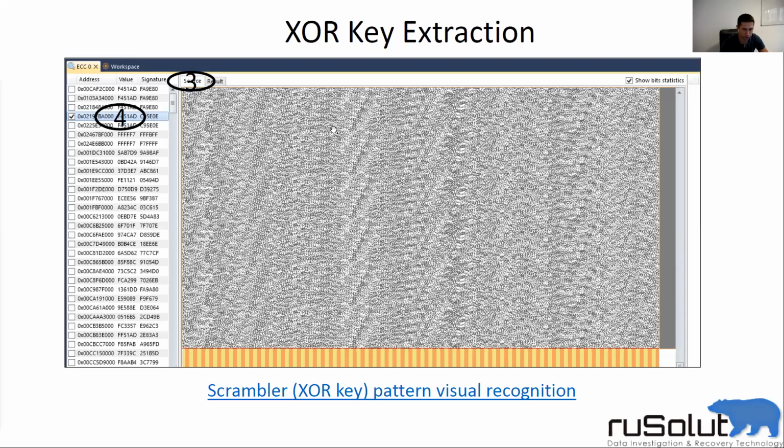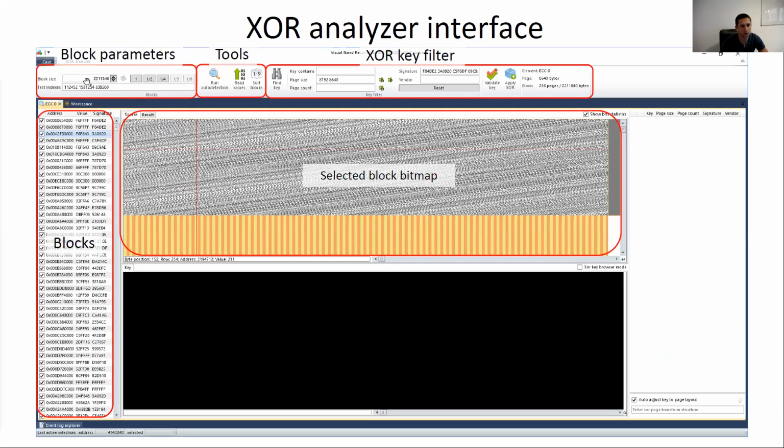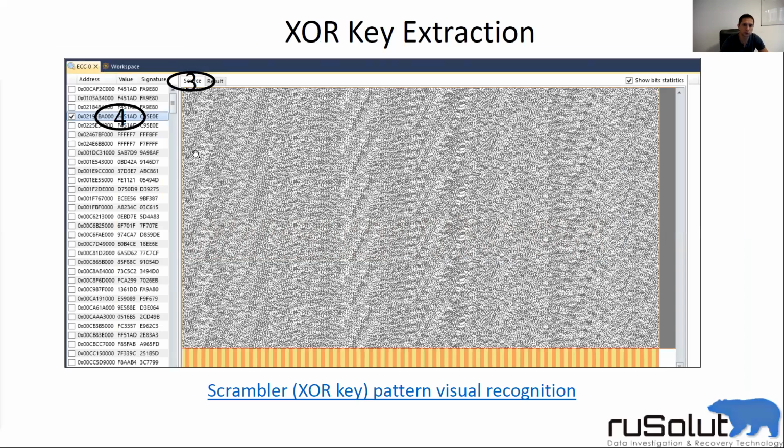It's much better now to divide the test block for analysis by 6. So the utility will try to compare not such big blocks, but smaller blocks with the size of 1 divided by 6, like these ones. And then instead of 1 block with this XOR key, you'll get 6 blocks.